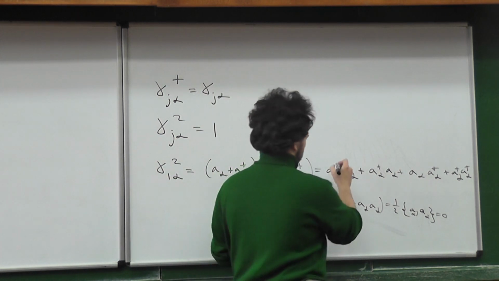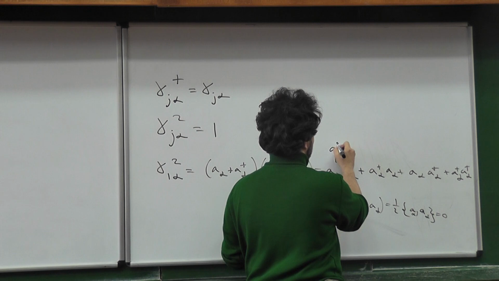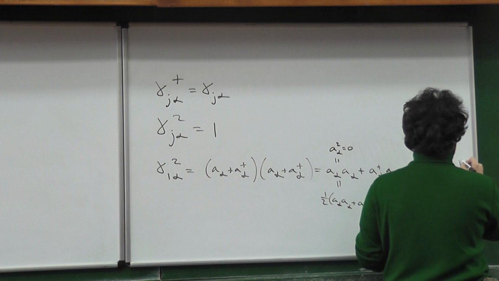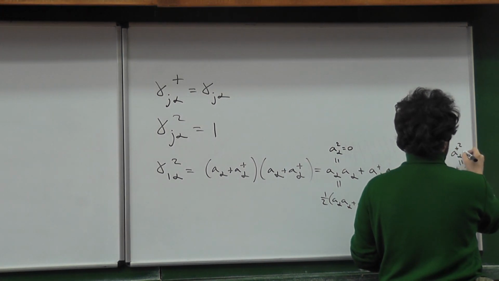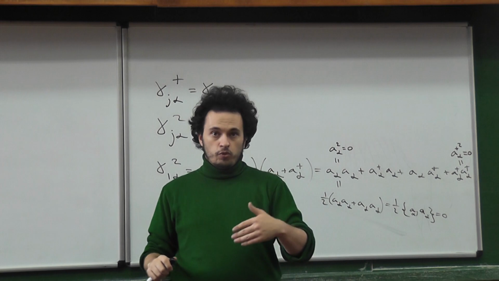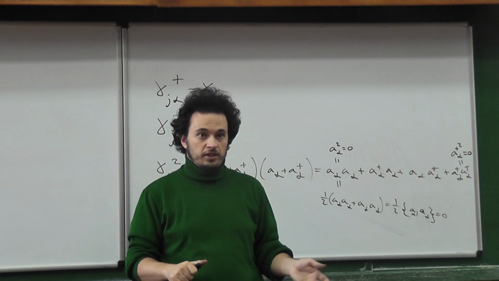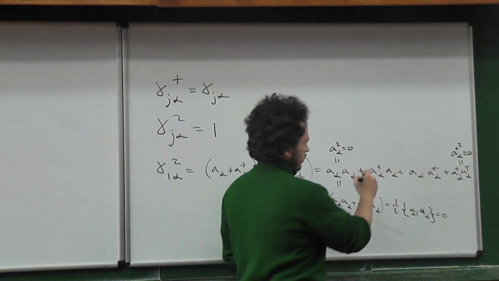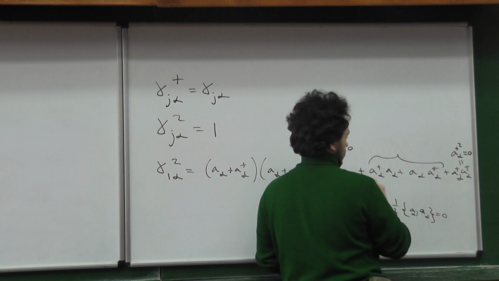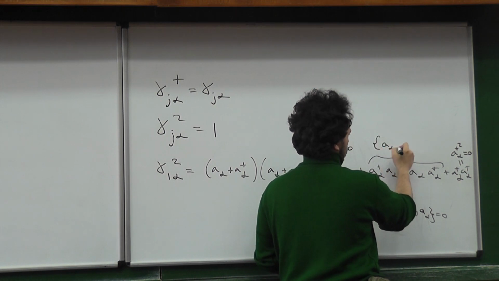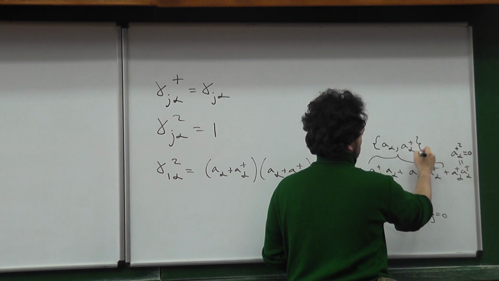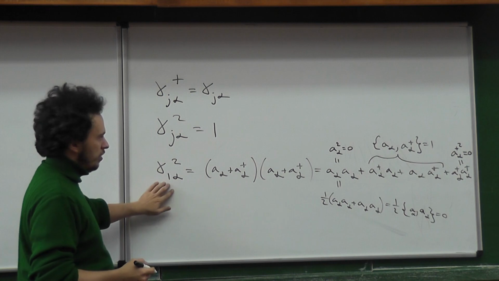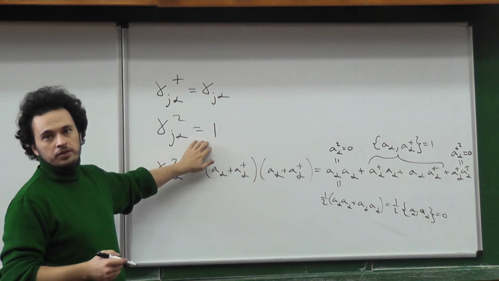So A alpha squared is always equal to 0. For the same reason, A alpha dagger squared is equal to 0 because I cannot add more than one electron to the state. What I'm left with is the anti-commutator of A alpha and A alpha dagger. This is equal to 1. So we see that gamma 1 alpha squared is indeed equal to 1.